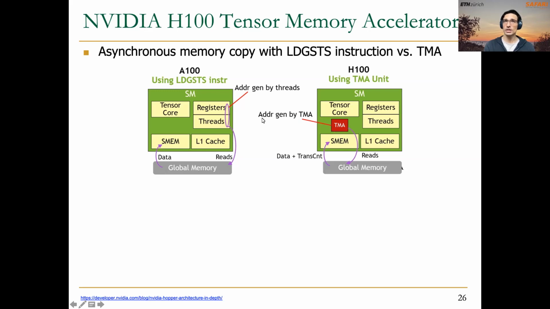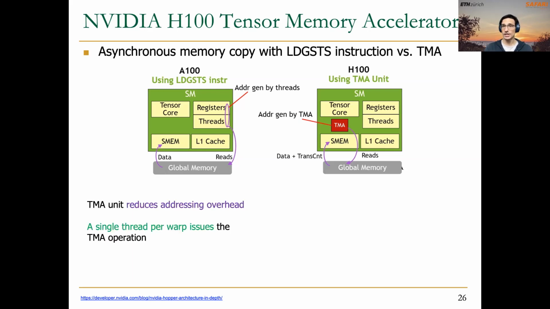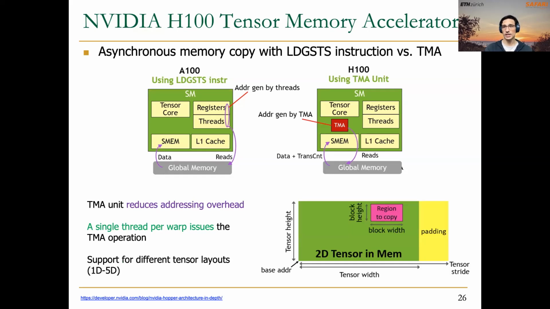This Tensor Memory Accelerator generates the addresses, issues the read to the global memory, and then the transaction happens from the global memory to the shared memory. So the TMA unit reduces the addressing overhead. Only a single thread per warp is needed to issue the TMA operation, and this TMA operation supports different tensor layouts from 1D to 5D.